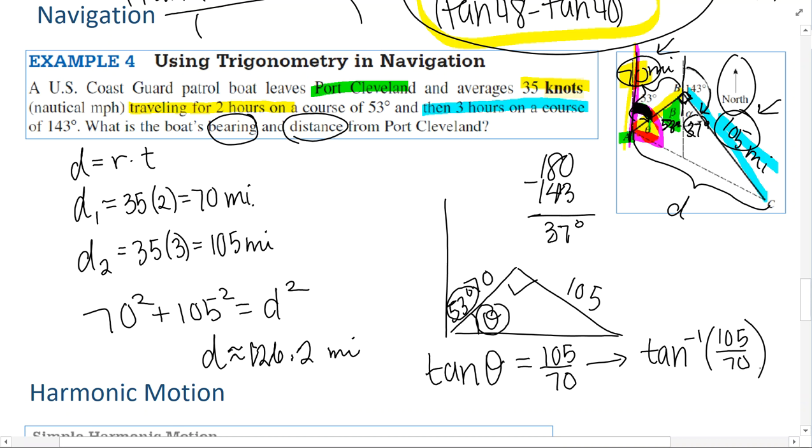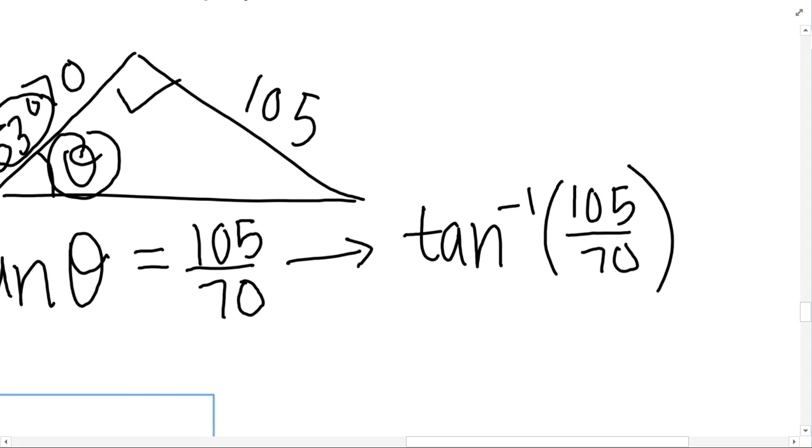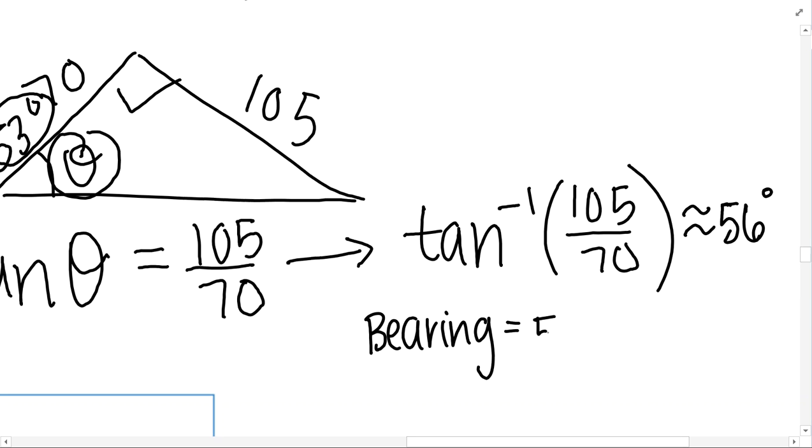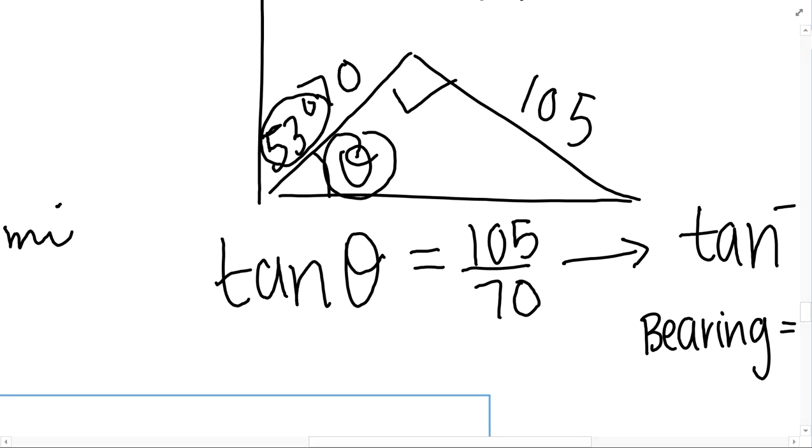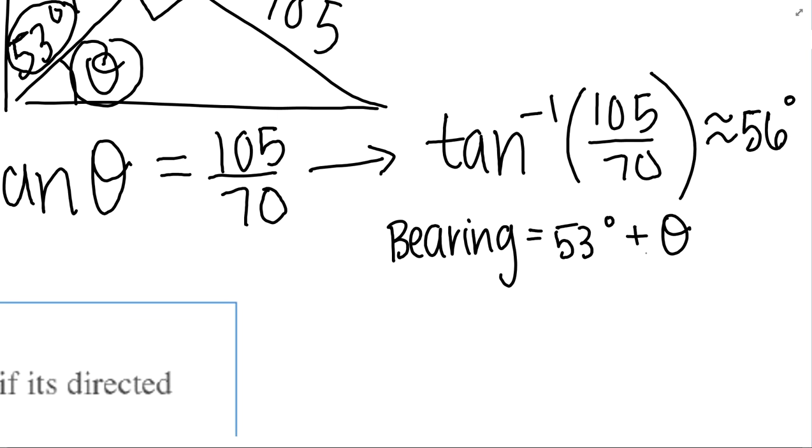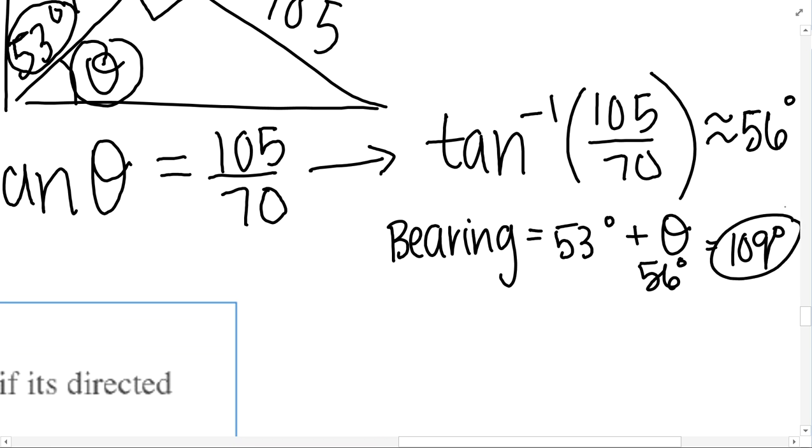Push the buttons in the calculator, and we get that this is approximately 56 degrees. Then the bearing is 53 degrees, which was this one over here, plus the theta, so 53 plus 56 is 109 degrees from due north. Okay, this video is getting kind of long, so I'm going to do a part 2 for the last two problems.